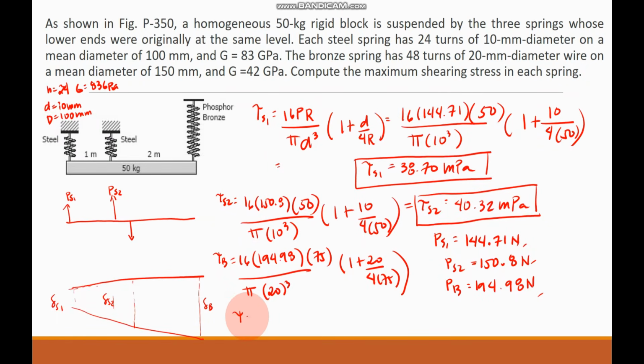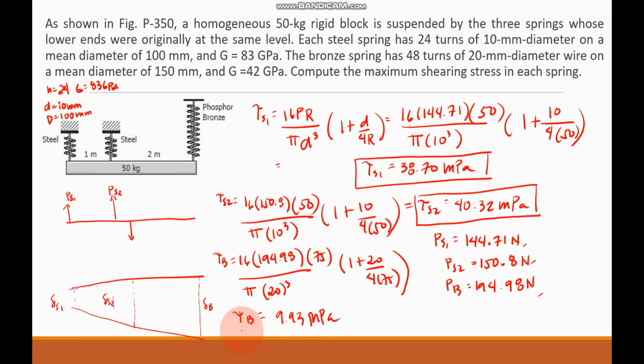So the shearing stress for the bronze is equal to 9.93 megapascal.